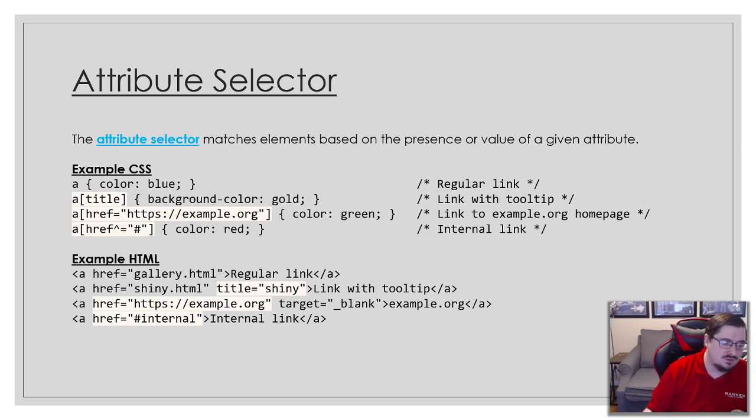So it's going to take you to wherever the element with the ID of internal is. So here we're saying any anchor tag that has an href property which starts with hash, we're going to give that red. So what that means is we have a blue link, a link with a gold background, a green link, and a red link here.